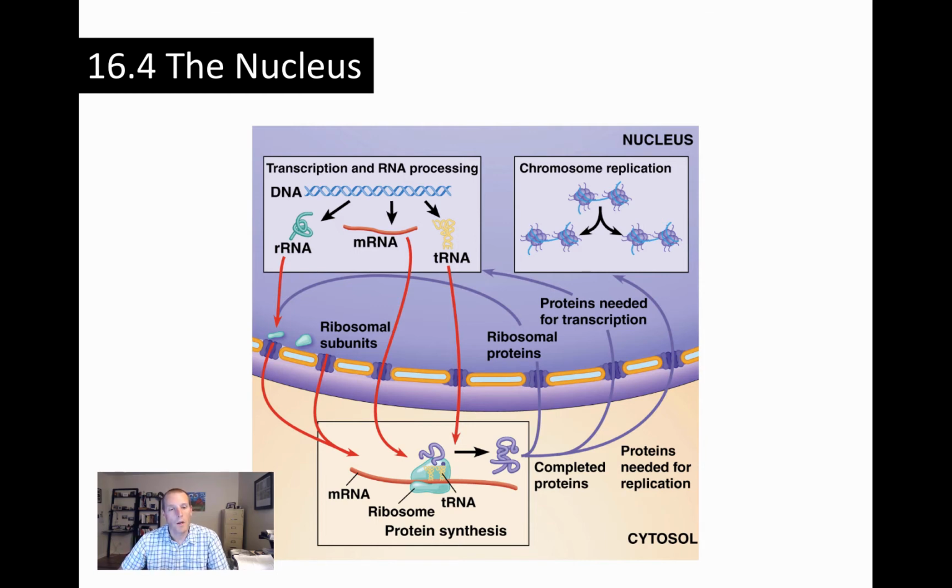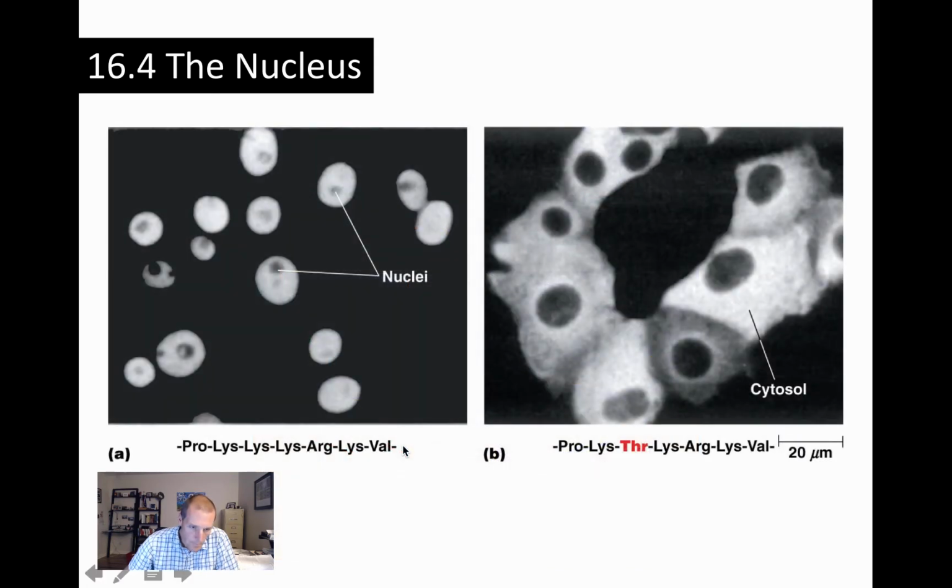And the membrane transport here works in both directions, into the nucleus and out of the nucleus. So we've got to look at how we can get things like ribosomal proteins out of the nucleus and into the cytosol, so translation can occur.